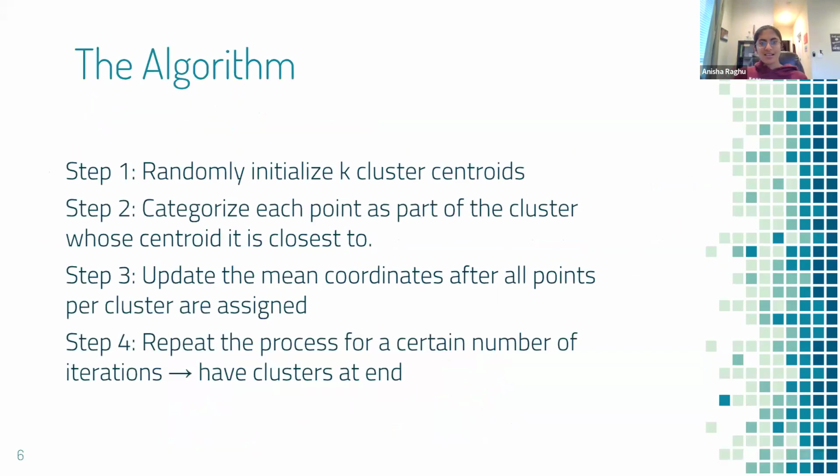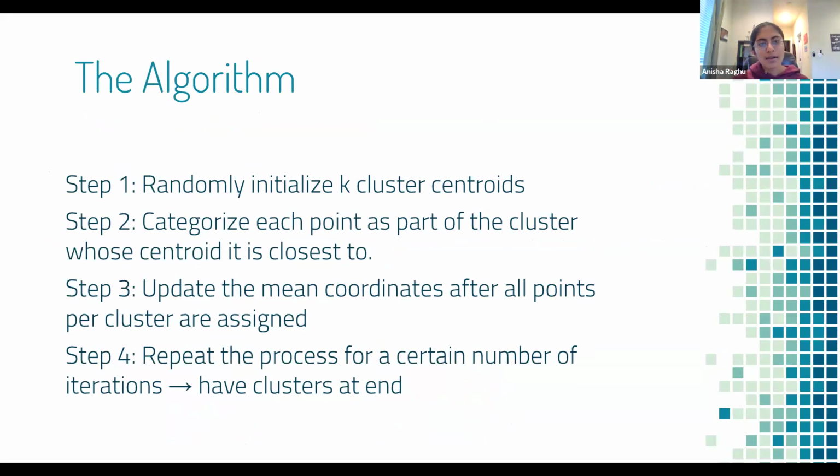Okay, so what exactly is the algorithm that is used in k-means clustering? There are about four steps. First, you randomly initialize the k cluster centers. A bunch of random centers are chosen. The second step is to categorize each point as part of the cluster whose centroid is closest to it.